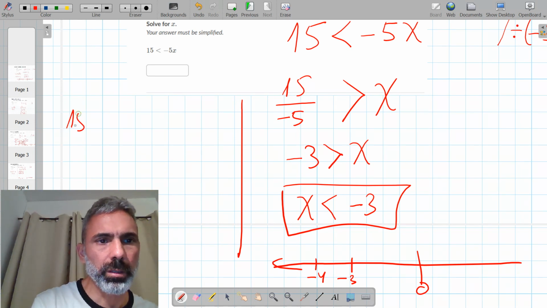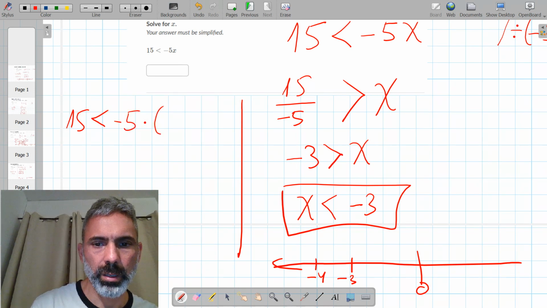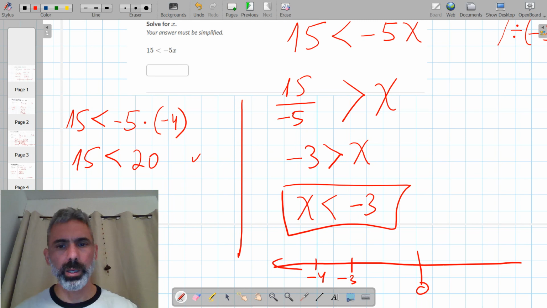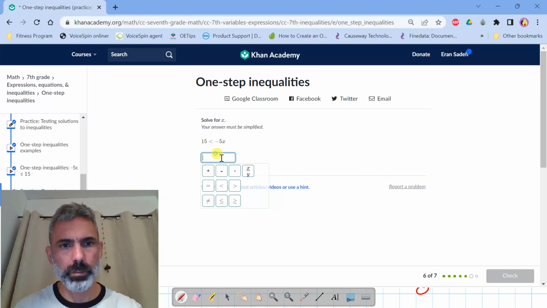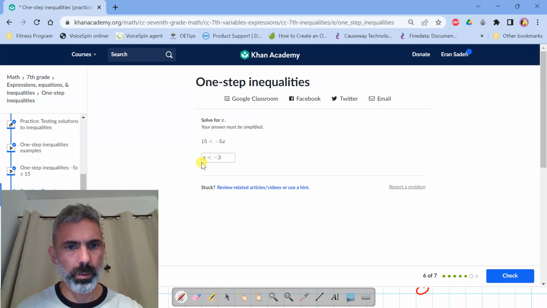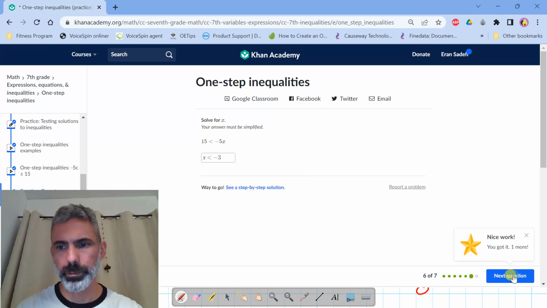So 15 is less than minus 5 times minus 4, which is 20. So this is correct. Okay, so x needs to be less than minus 3. Good.